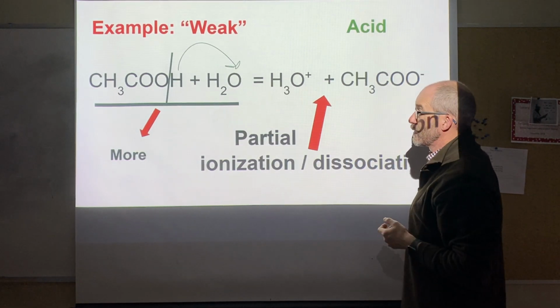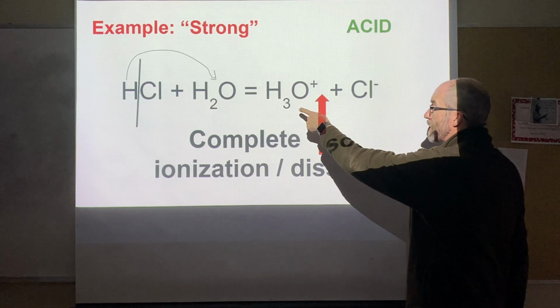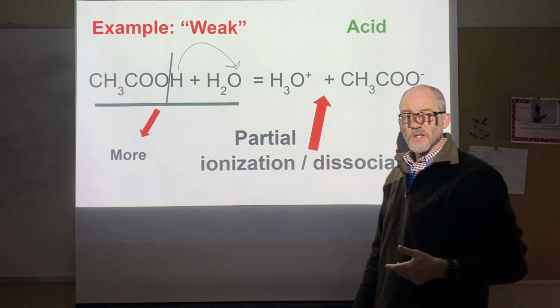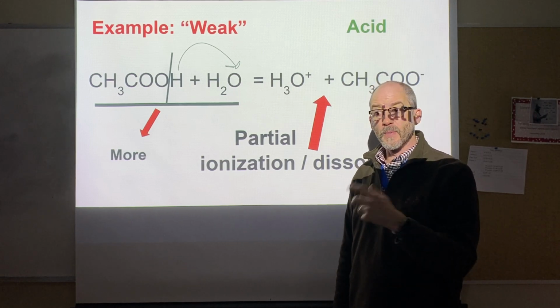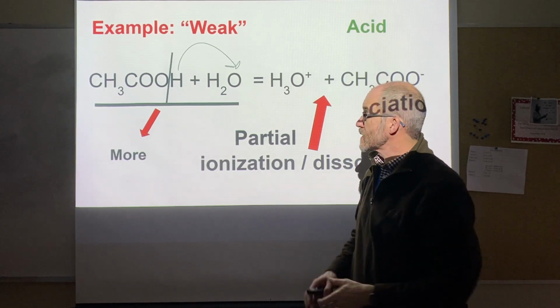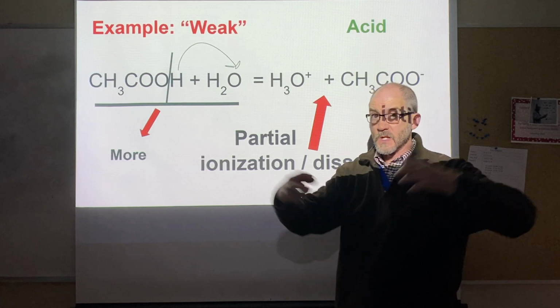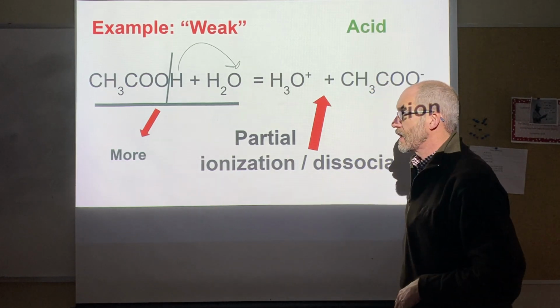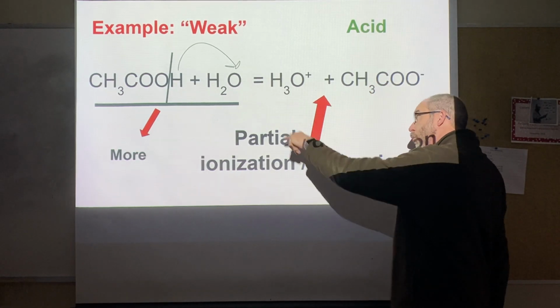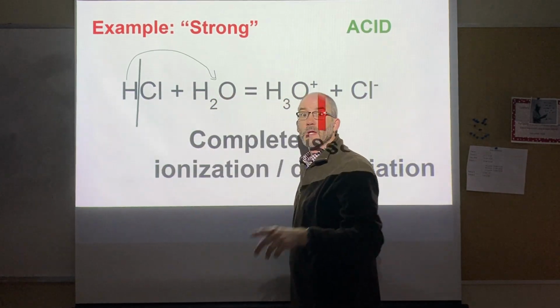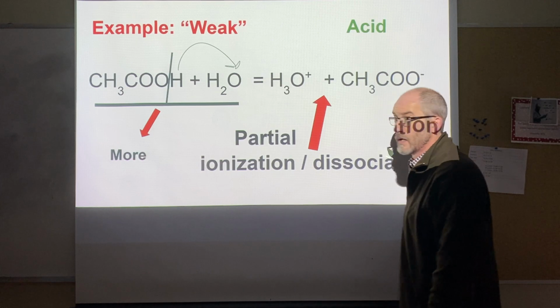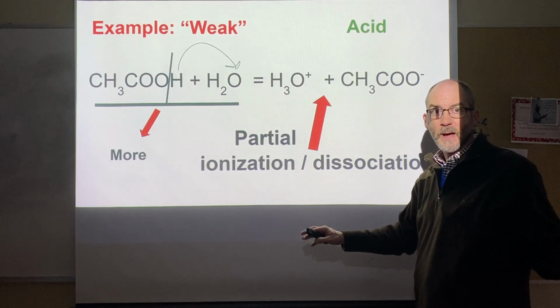And let's not even worry about the amount of this, because that's not really the definition. The definition of an acid or base, strong or weak, is how well does it ionize. This one doesn't ionize very well, therefore this is a weak acid. This one ionizes really, really well, therefore it is a strong acid. And notice I have said nothing about numbers.